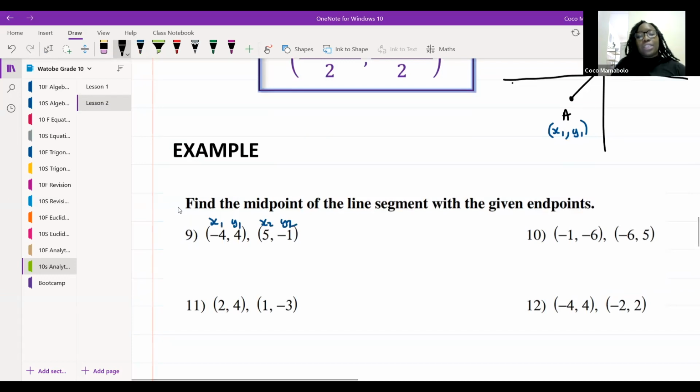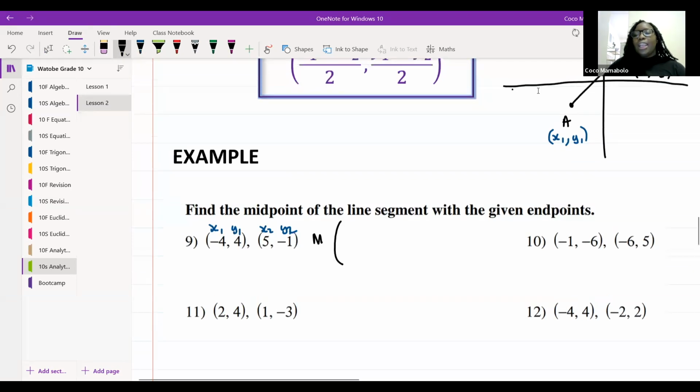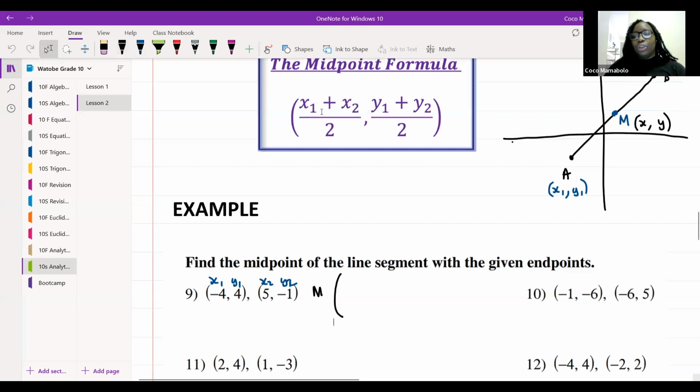I'm going to put this into the midpoint formula, M, and then open a bracket. Now I need my x1 value. My x1 value is -4 plus my x2 value, which is 5, over 2, and then my y value, which is y1, 4, plus y2, which is -1, over 2.